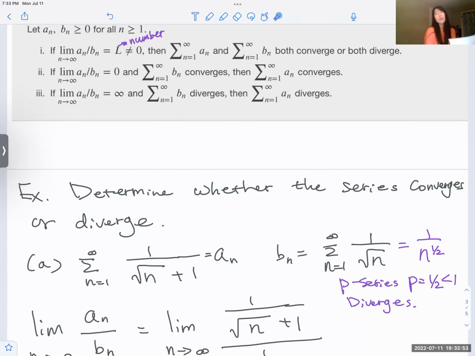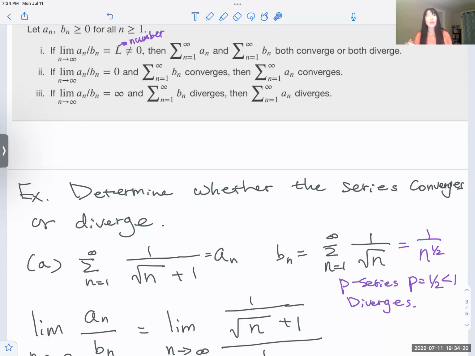All right, summary. For the comparison test, we create a series very similar to A sub n. This is the direct comparison test, or we just call it the basic comparison test. Then B sub n must be greater than A sub n, and we must check that.